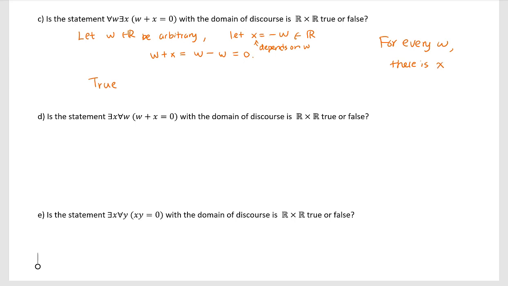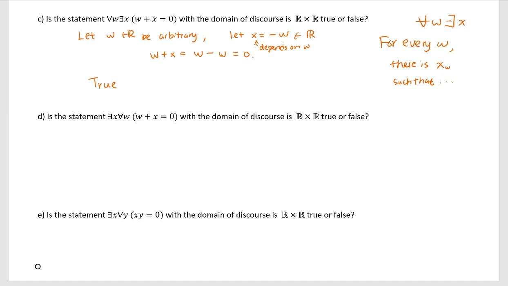This x depends on w, so we can put in the subscript here. So this x depends on w such that the statement happens. This is for all, there exists.